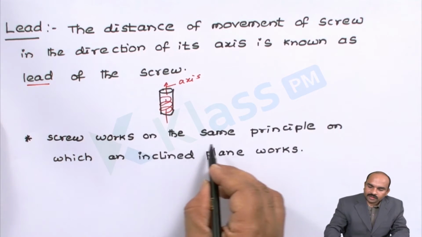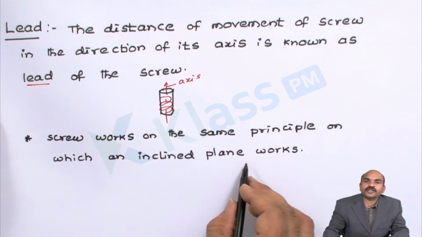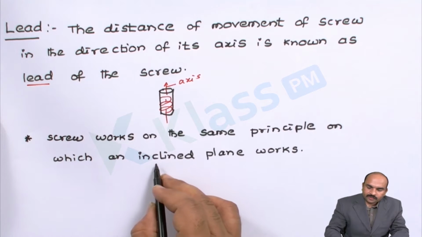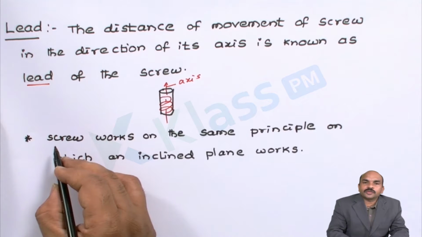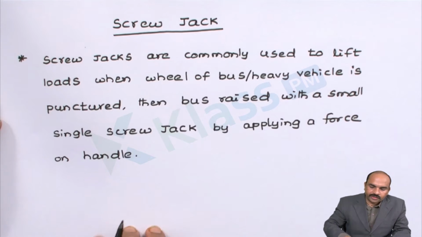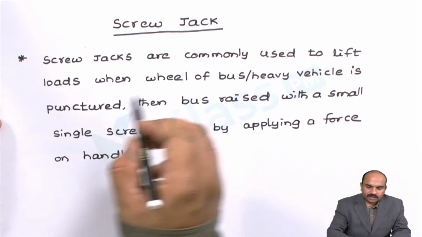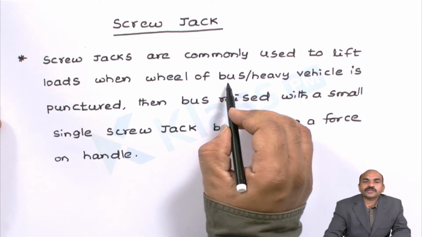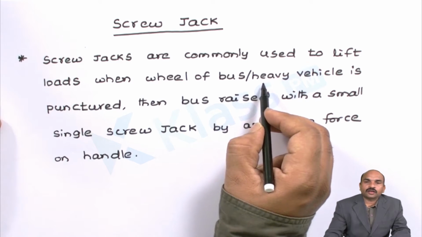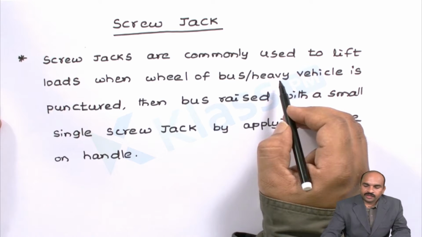A screw works on the same principle on which an inclined plane works. The working principle of an inclined plane and the working principle of a screw are both the same. The application of the screw jack is that these are commonly used to lift heavy loads, such as the wheels of buses, cars, or heavy vehicles like lorries or any heavy weight.